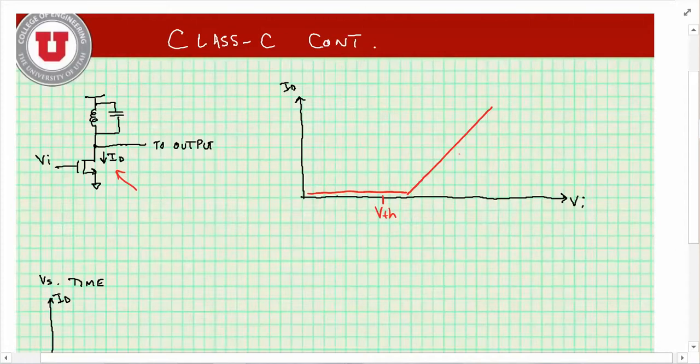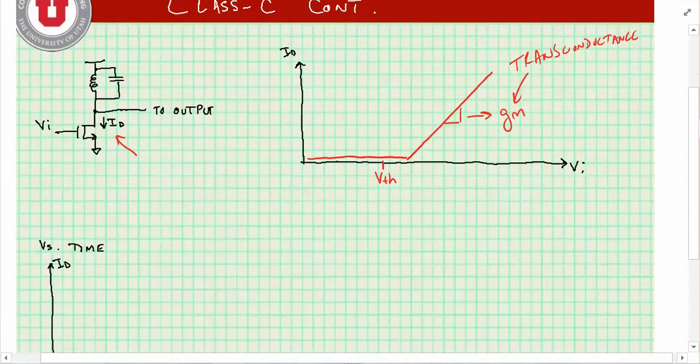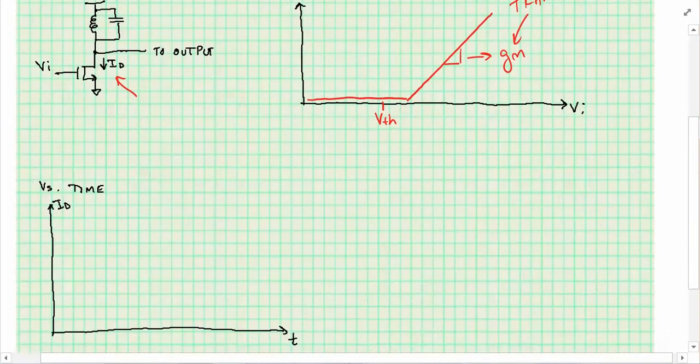So if we look at the slope of this current versus voltage characteristic, this is equal to the GM of the device, which is the transconductance. And this makes sense. Transconductance is a measure of the voltage versus current, or the current versus voltage characteristic of a device.